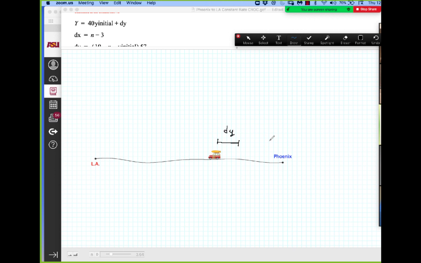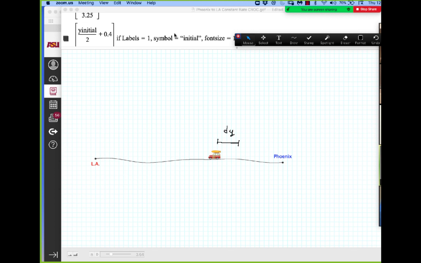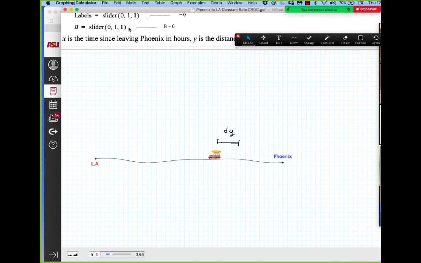Another group. Who was in another group? Like the change in time. Okay, so how does it do that? Or x. So can we illustrate the change in x on this image?